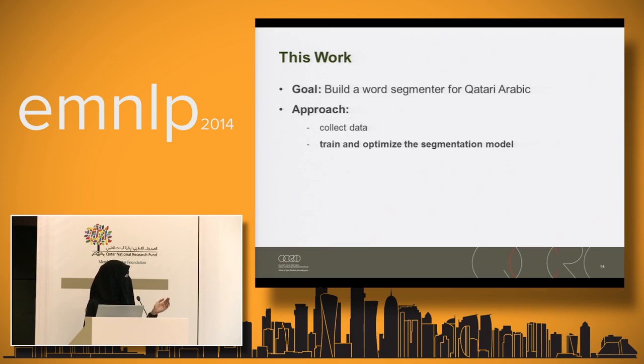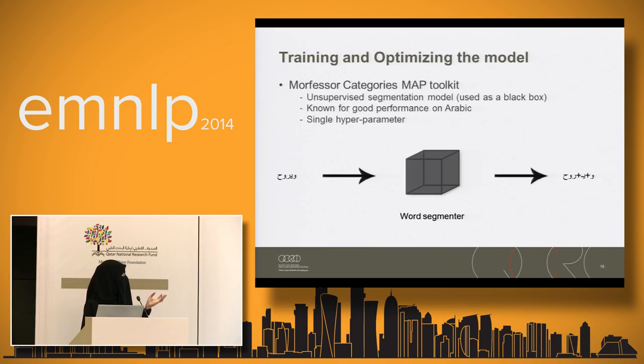So next, we use the collected data in order to train an unsupervised morphological segmentation model. We use the Morfessor CATMAP toolkit as a black box, where we pass the input and we expect the output as segmented words.